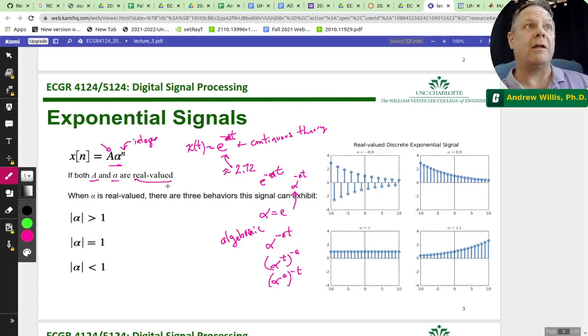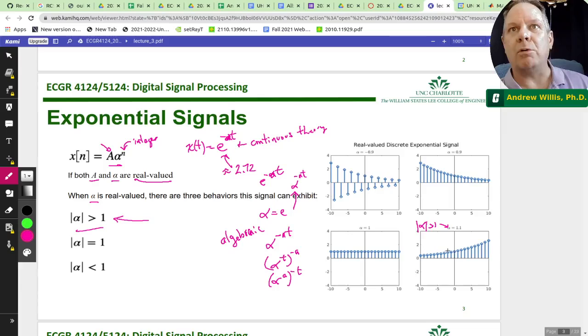albeit the base is arbitrary, right? So if alpha is real valued, there are three behaviors that can happen. When alpha is greater than 1, then you're going to have something that grows. So this alpha greater than 1, this is the absolute value, or the magnitude of alpha is greater than 1. Here's alpha equals 1.1, and then this is alpha to the n.